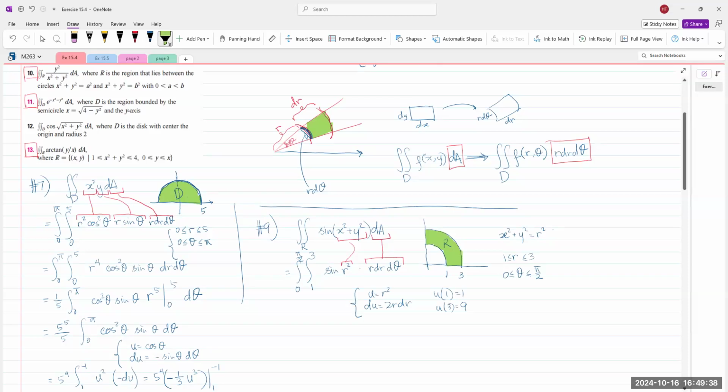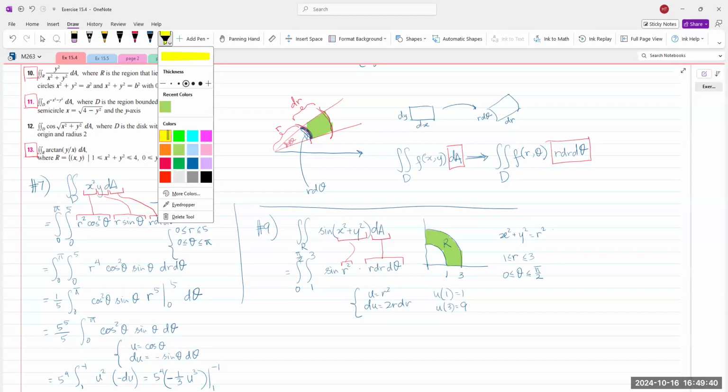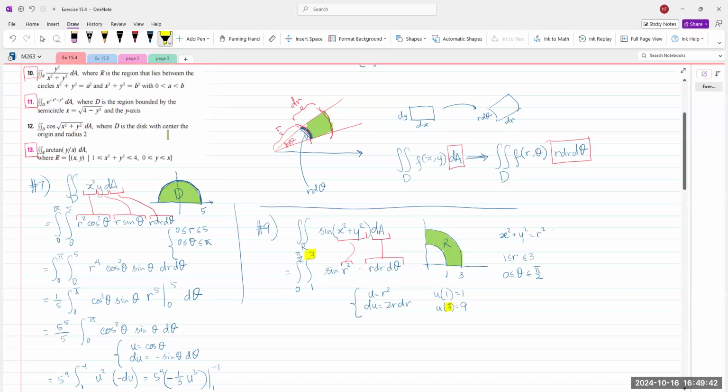So this is the integral from 0 to pi over 2, integral from 1 to 9 of sine u, where r dr is du over 2, d theta.